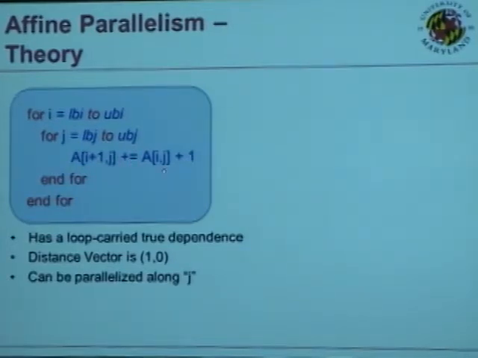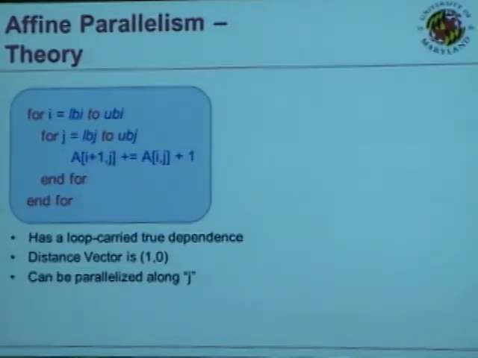So you're reading what was written by the previous iteration of i. So you cannot execute different iterations of i in parallel because every iteration of i depends on the previous iteration. However, all is not lost because in this loop actually, the iterations of j are parallel. So you can execute them independent of each other because there's no such dependence on j.